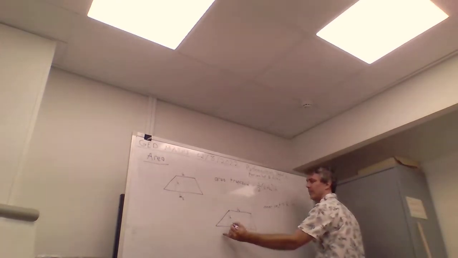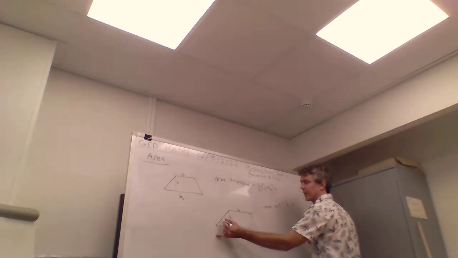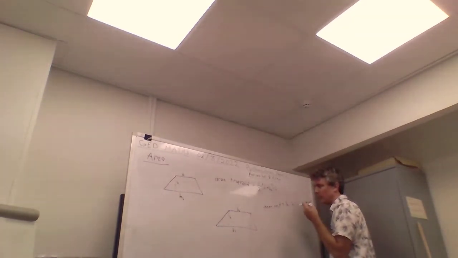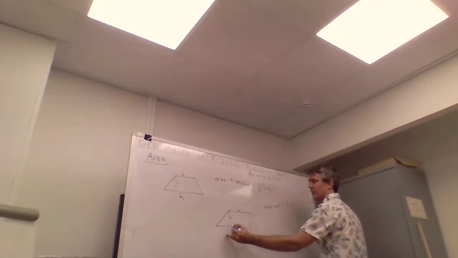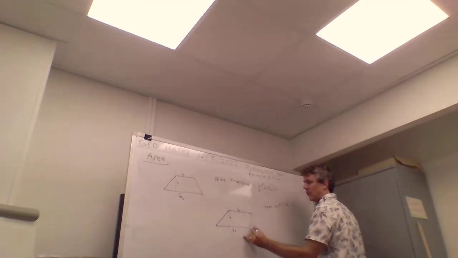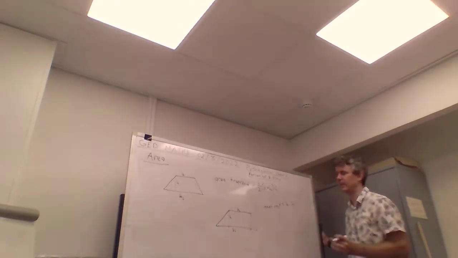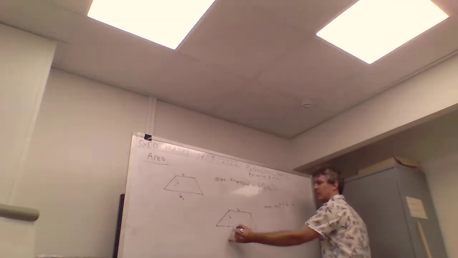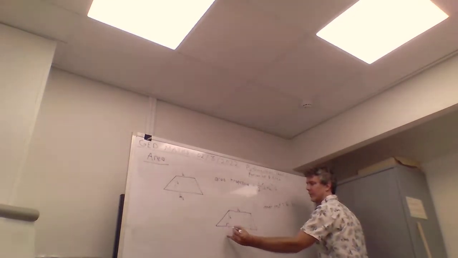Now here we have some triangles, right? So the triangles, what we need to imagine with the triangles is we need to find out what this distance is, right? Here we know that this is a right angle triangle. We have a right angle here, right?